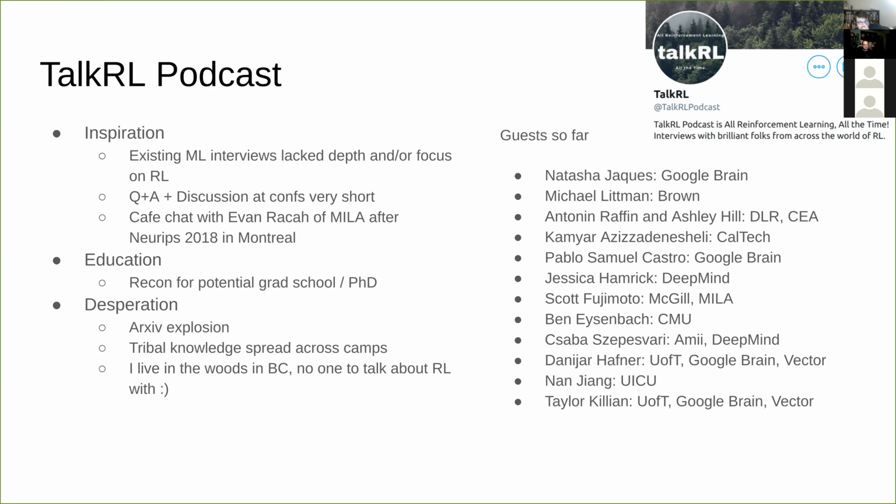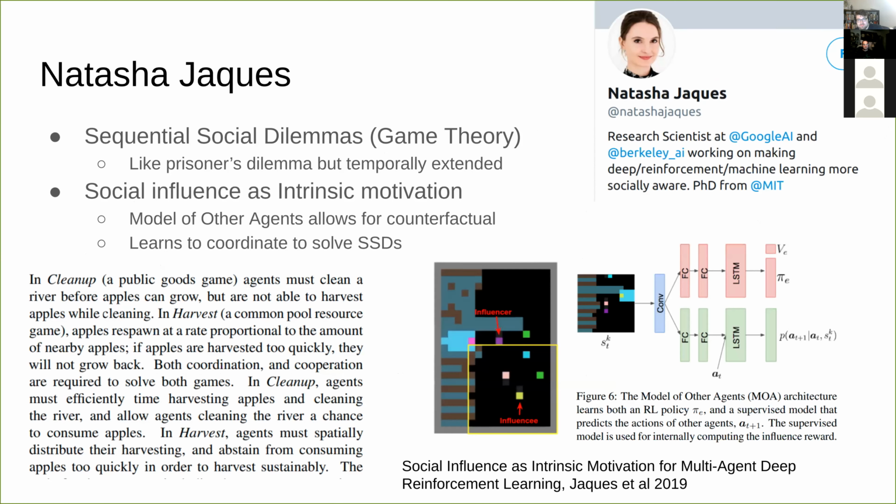I'm just going to talk about a few of the people that I spoke to, some of their work. Natasha Jaques, Dr. Jaques was actually my first guest, and she had recently published a paper on sequential social dilemmas. These are like Prisoner's Dilemma, but temporally extended games.